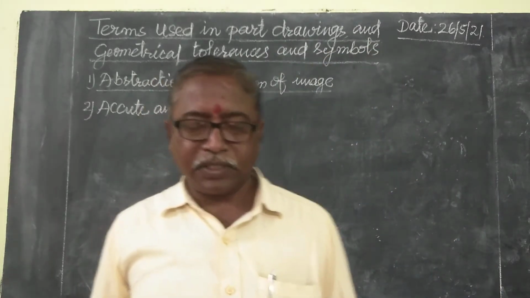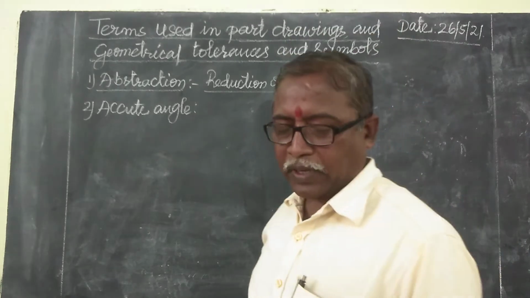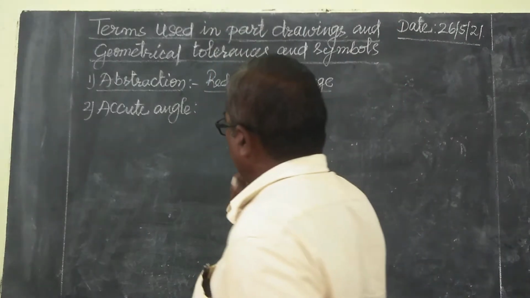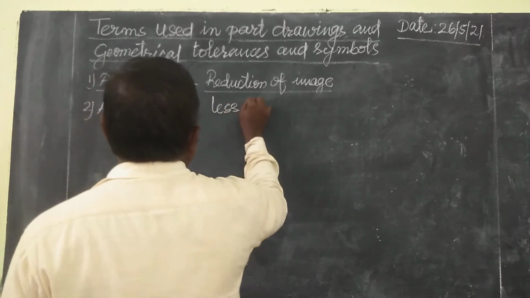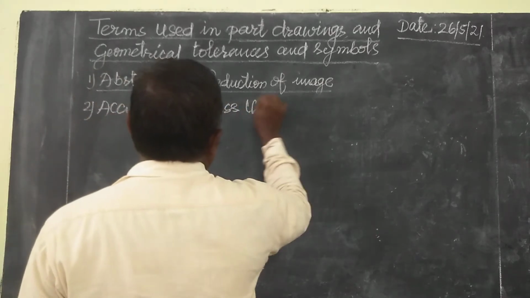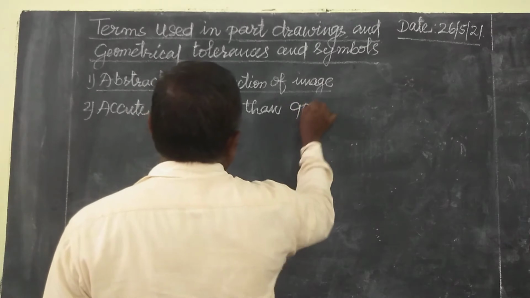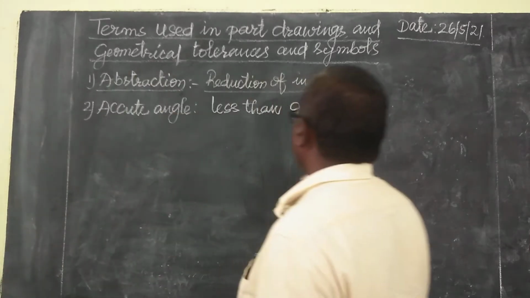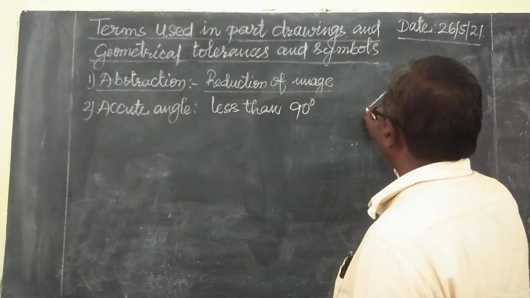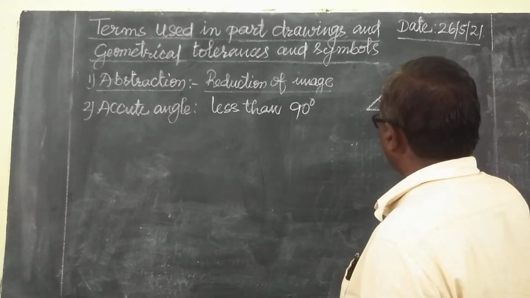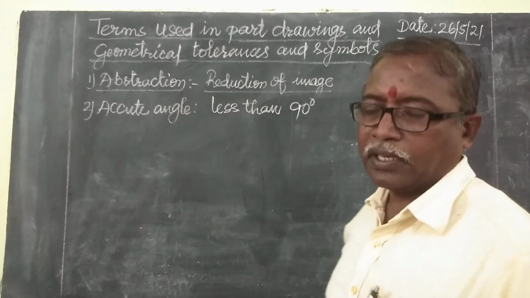These are all things you discussed. Then an acute angle is less than 90 degrees. So that means this angle will be like this. The angle will be like that.